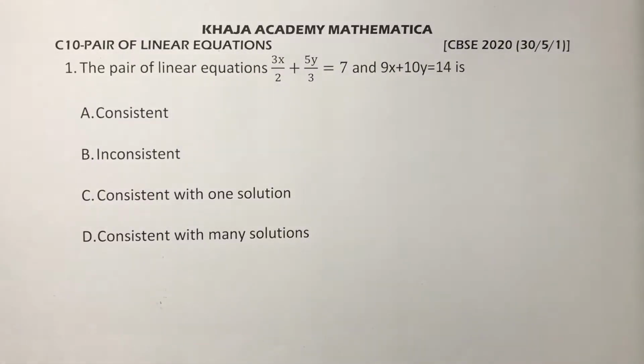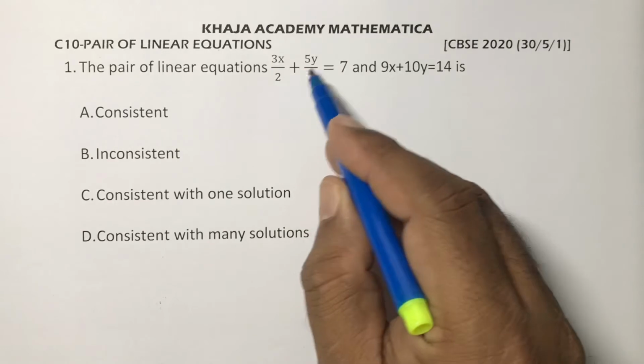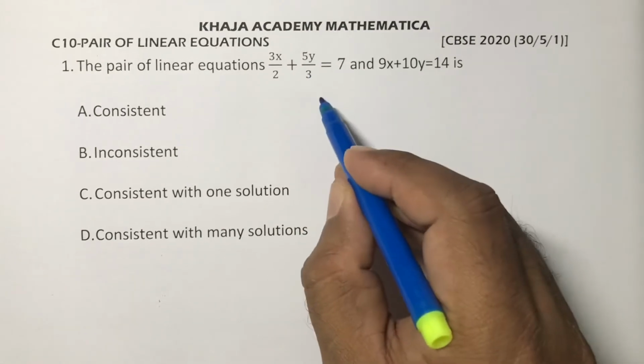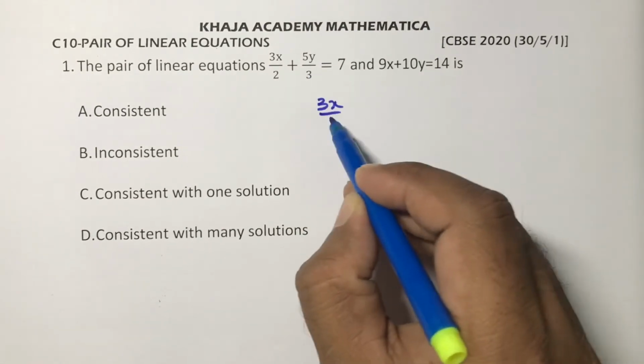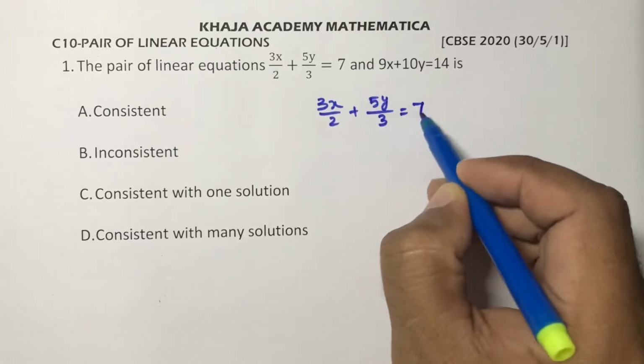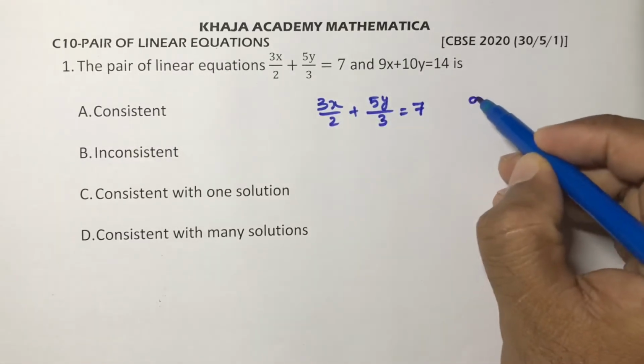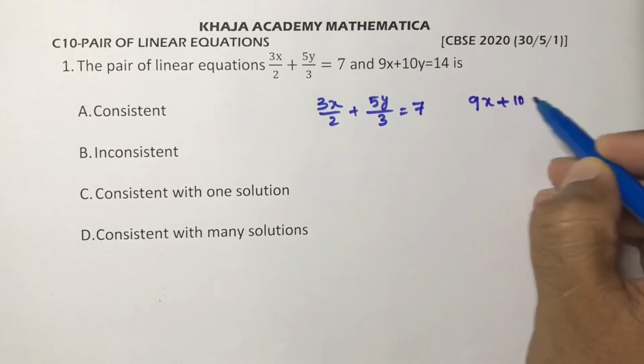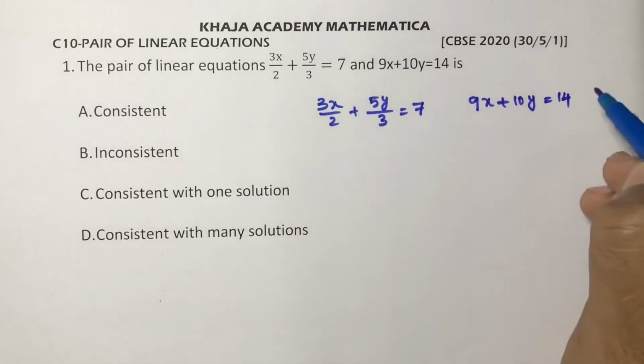Now here they give two equations, a pair of linear equations: 3x by 2 plus 5y by 3 equals 7, this is one equation, and the other one is 9x plus 10y equals 14.